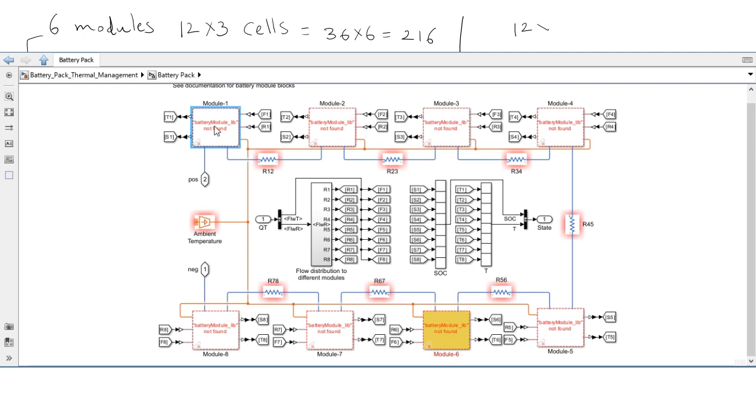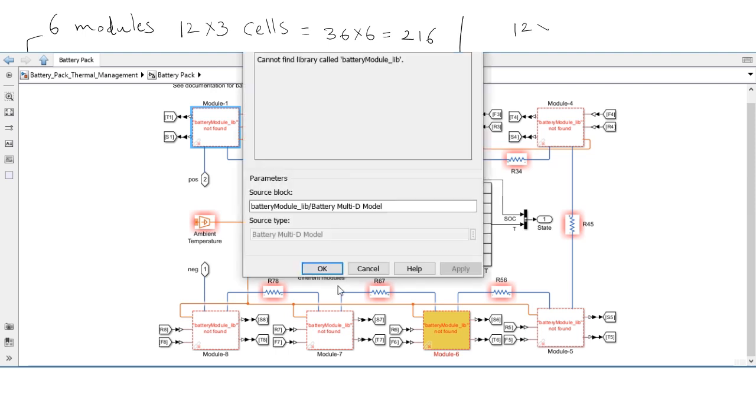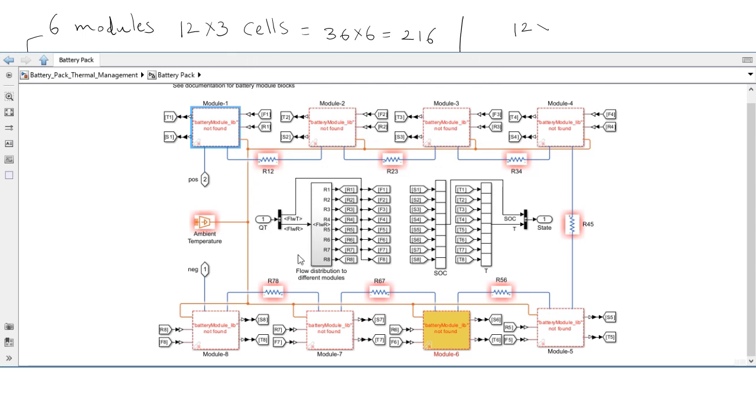And if you open module 1 again, see, this is the ambient temperature flow distribution to the different modules. Flow distribution. So if it is further away, the flow will be less.